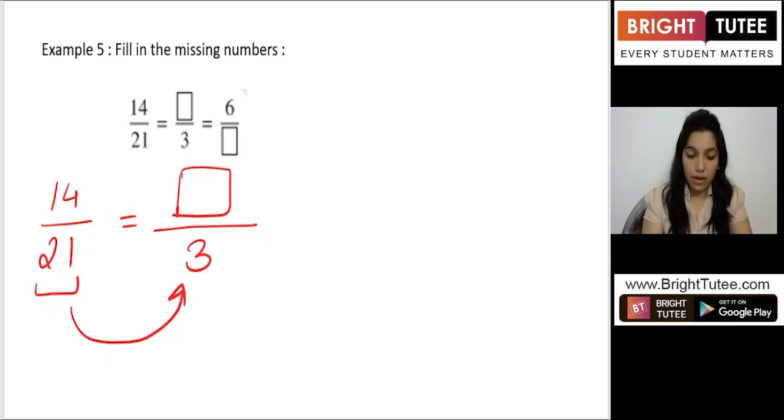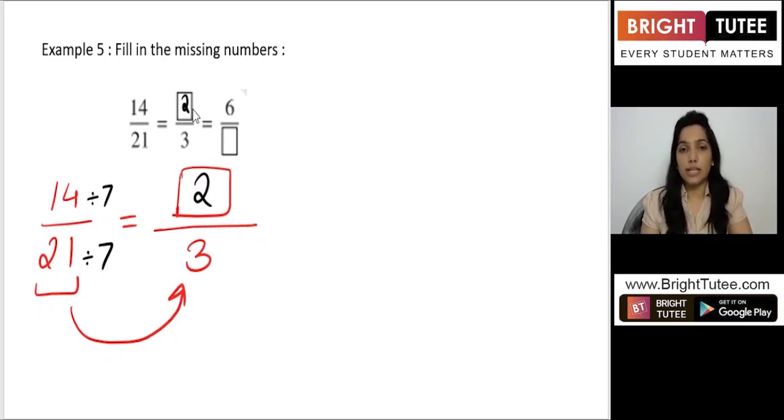And 21 when divided by 7 gives the answer 3. What we do with the denominator, we do the same with the numerator. So let us divide 14 by 7 as well. 14 divided by 7 gives the answer 2. So what is the missing number here? It is 2.